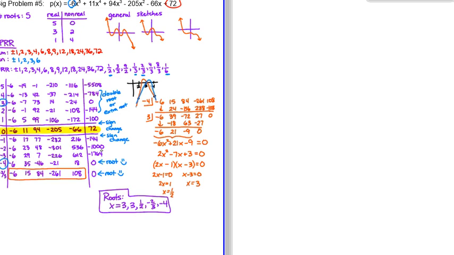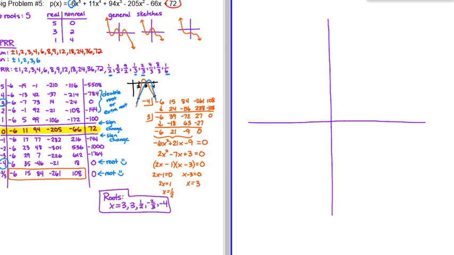These numbers are going to determine your scale on your y-axis. And it looks like for this problem I need to go down as far as negative 1764. So for my scale, my computer's going to lag, so this is going to be a little slow.